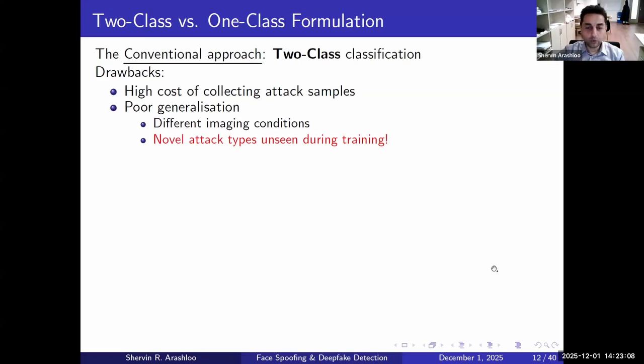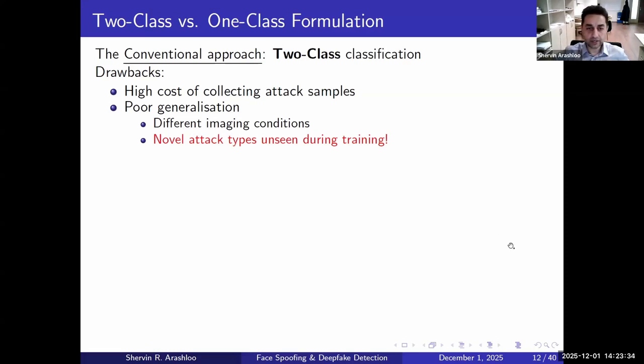On top of that, the more important fact is that these two-class methods are not very robust against unseen conditions, meaning that if an attacker comes up with a new and innovative method of attacking the system, which is not seen during the training stage, then most probably the whole system would collapse.